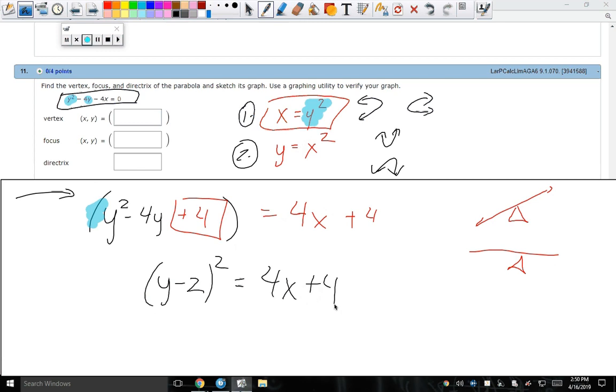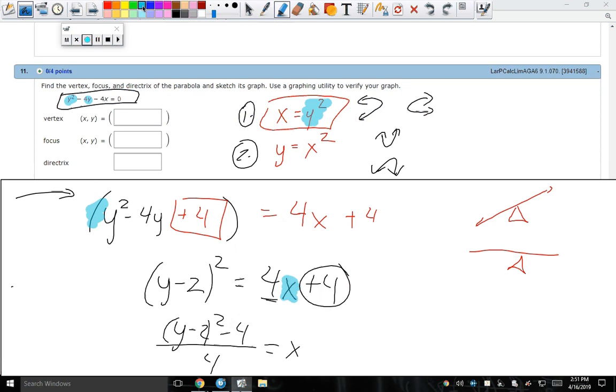Guys, what are we trying to get by itself right here? Not y, but we're trying to get x by itself. So I'm going to move this 4 by subtracting it, and then I'm going to divide by this 4 so I get x all by itself. Do you agree? So I'll have ((y − 2)² − 4) all divided by 4, and now I have x all by itself.